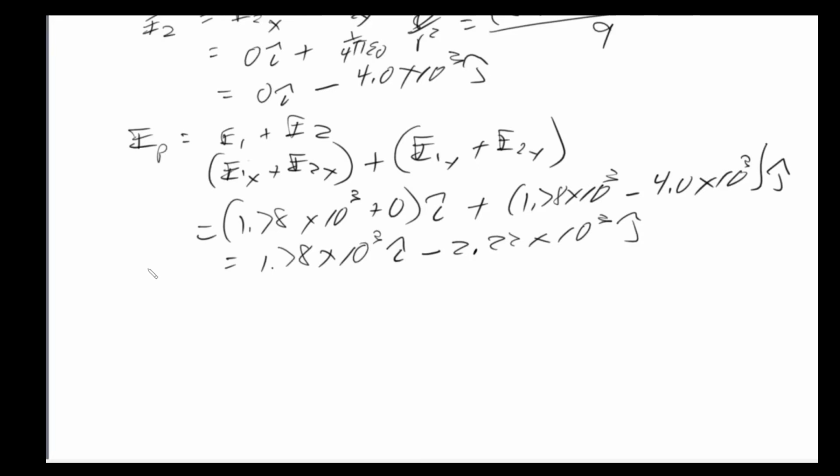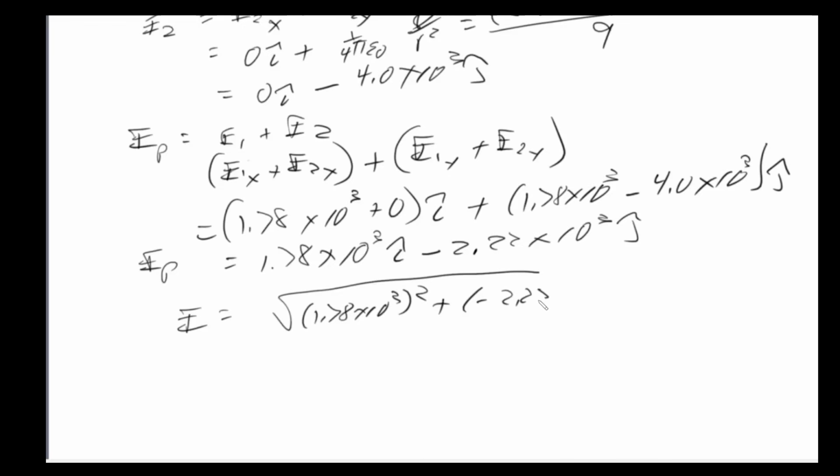So this gives us E in its x and y components. We want to know the total magnitude of E. So that would be equal to the square root of (1.78 times 10 to the third) squared plus (minus 2.22 times 10 to the third) squared.